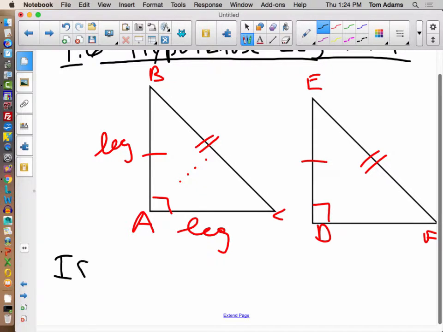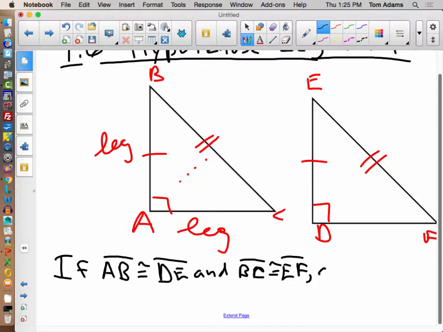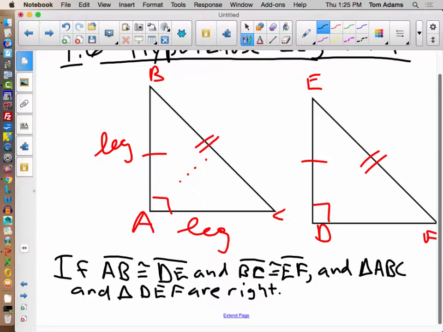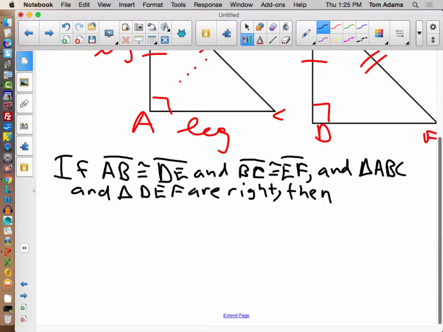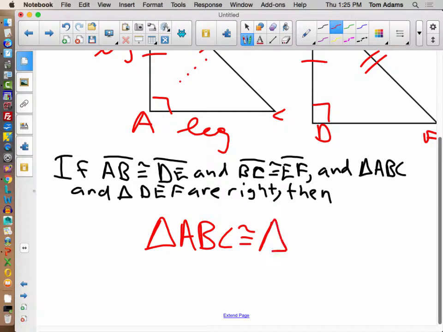So what I'm going to say is if AB is congruent to DE and BC is congruent to EF and triangle ABC and triangle DEF are right triangles, then triangle ABC is congruent to triangle DEF.